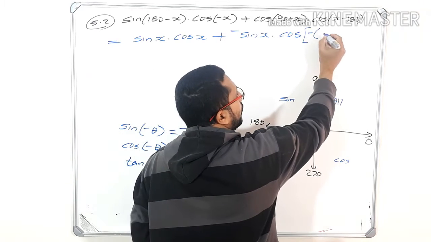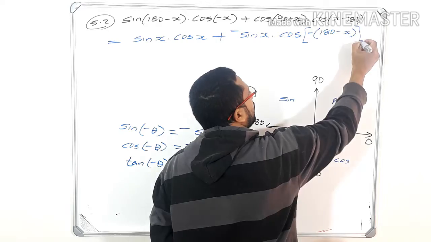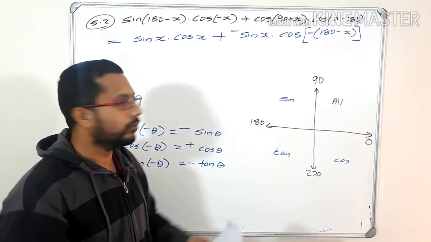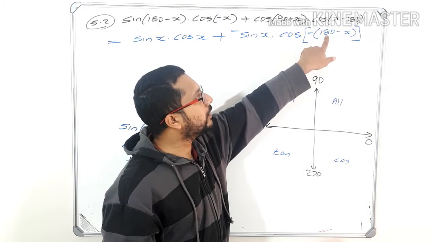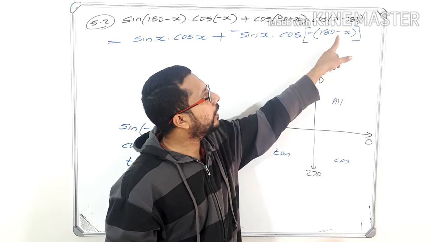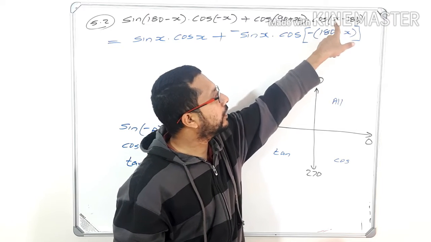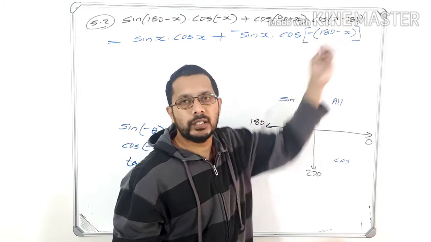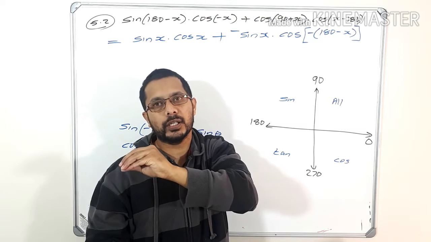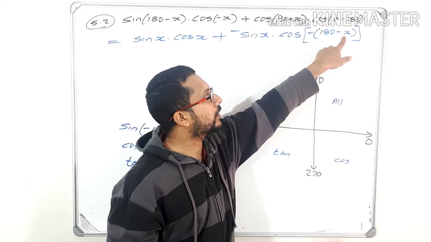Now look at this, 180 minus x. Is it correct? Minus into 180 is minus 180, and minus into minus x is positive x. From this x minus 180 I took a minus common, so I can write this as 180 minus x.